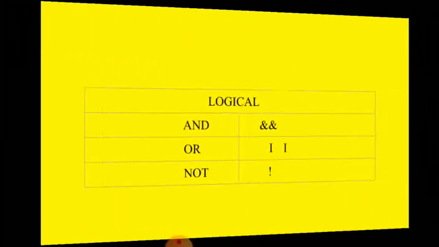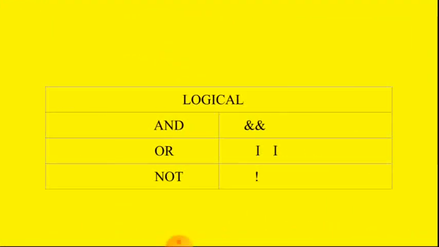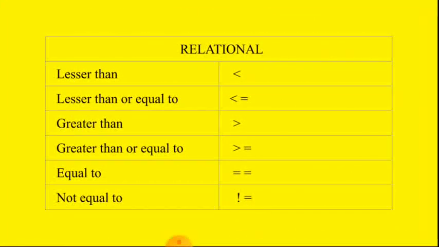Next is logical: and, or, not, and these are the symbols of and, or and not. Relational: lesser than or equal to, greater than or equal to, not equal to. These are the symbols of relational operators.